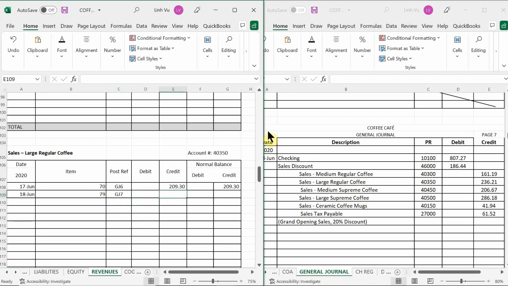Okay, for a total of 236.21. So therefore, what should be my ending balance in my large regular coffee cups? 445.51. Good.